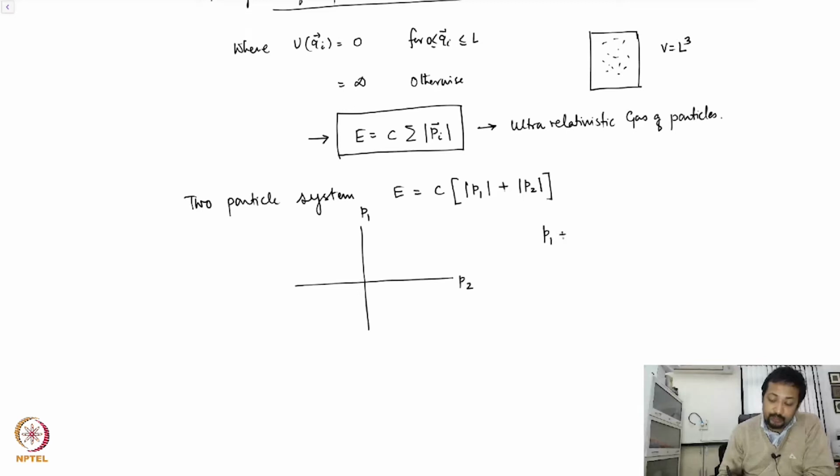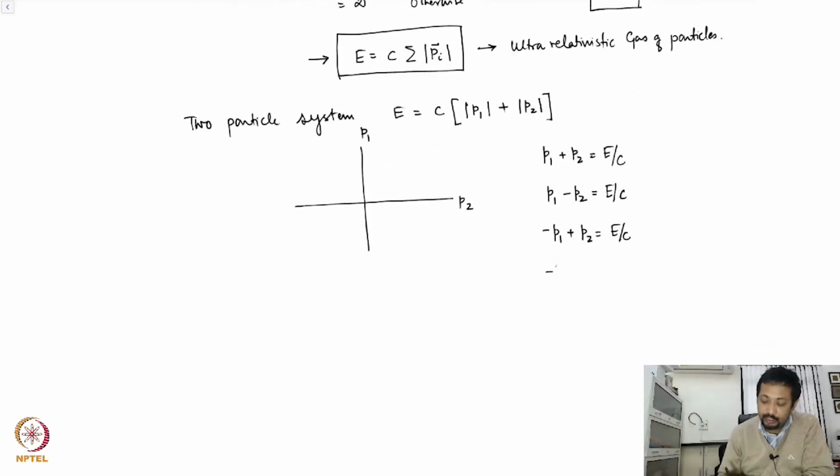Possibilities are p1 plus p2 is going to be E over c. There's a modulus function, so p1 can take plus and minus values as well. One has p1 minus p2 equal to E over c. And then, again, minus p1 plus p2 is going to be E over c, and finally I have minus p1 minus p2 equal to E over c.